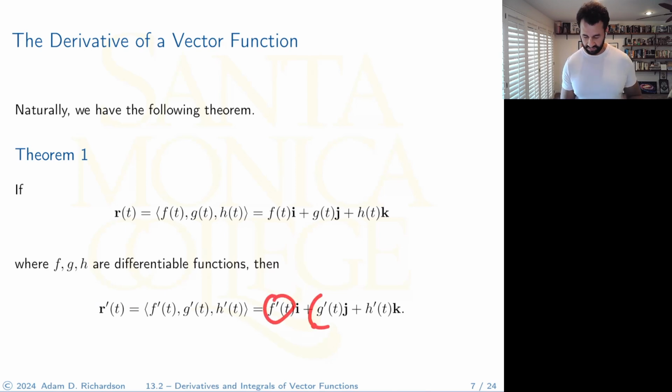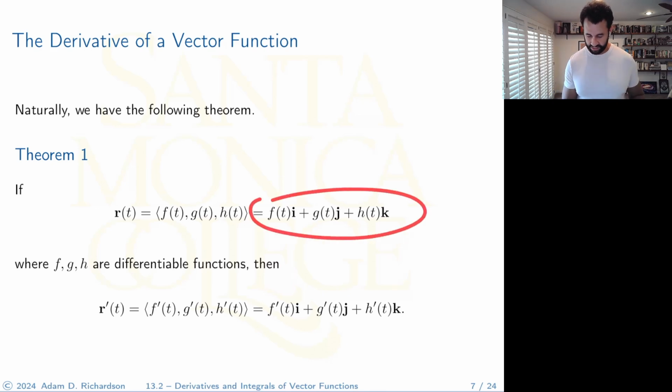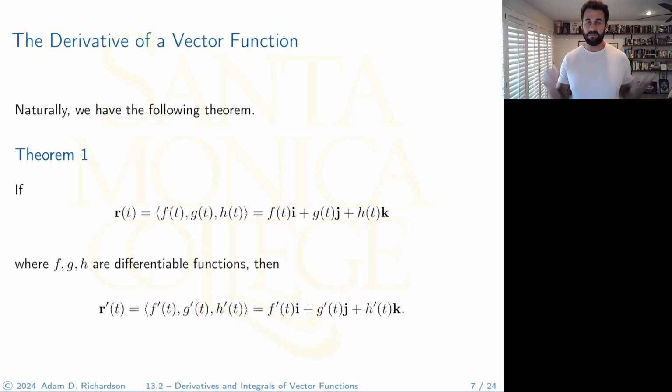You take the derivatives of the individual component functions, and this gives you the derivative vector. That's the tangent vector. So again, you have this similar idea of doing things component-wise. What is r? r looks like this. What is r prime? Differentiate each of the components. That's the idea. So it's a nice result.